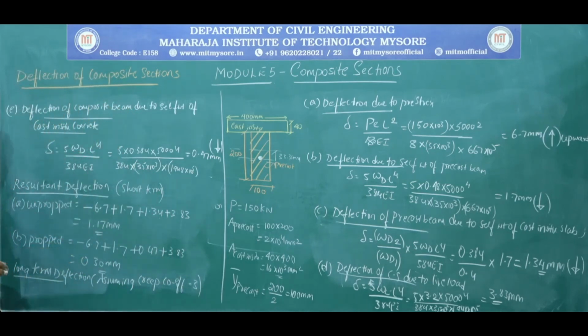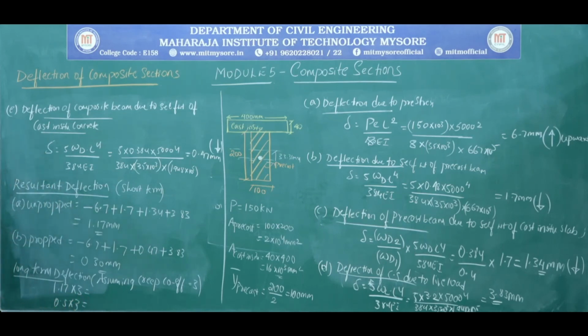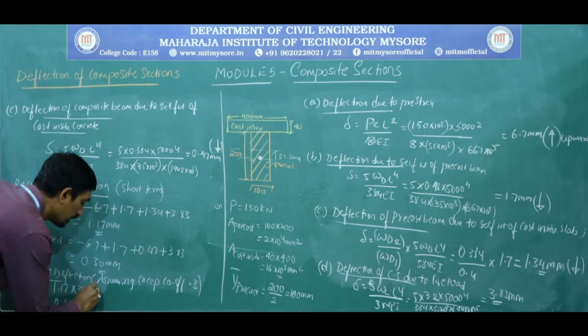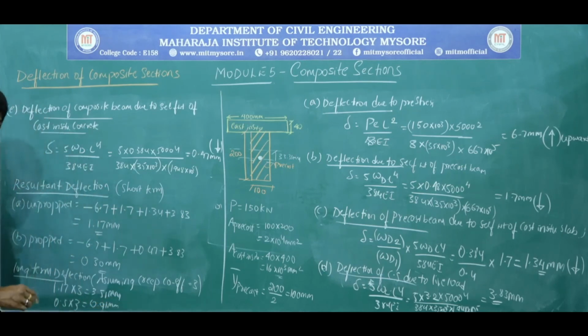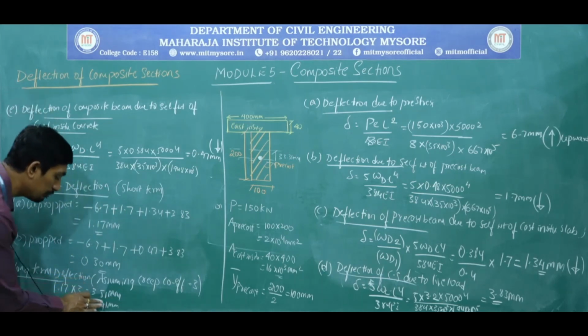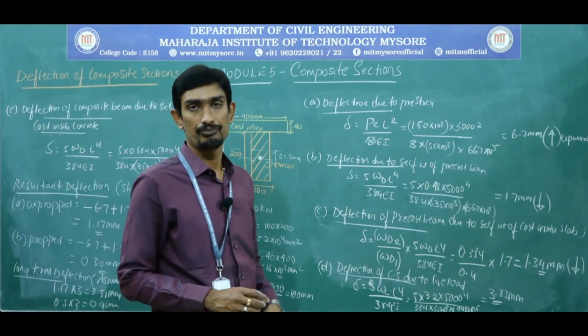So when you want to calculate the long term deflection for unpropped, you multiply 1.17 by 3, and 0.3 by 3. So the answer will be 3.51 millimeter for the unpropped case and 0.9 millimeter for the propped case.